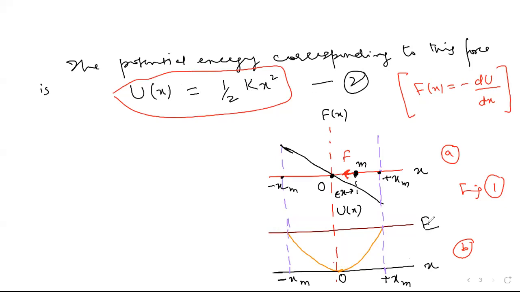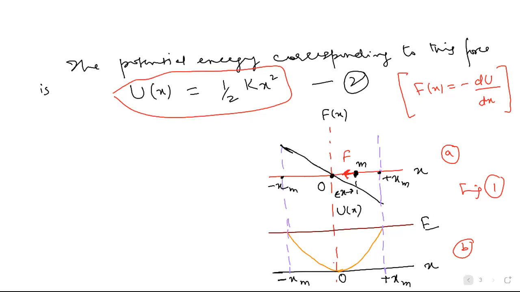Total energy of this oscillator is constant throughout the motion, as we will discuss, or as you might know for a simple harmonic oscillator. So potential energy varies as the square of the displacement, and force versus displacement is linear.